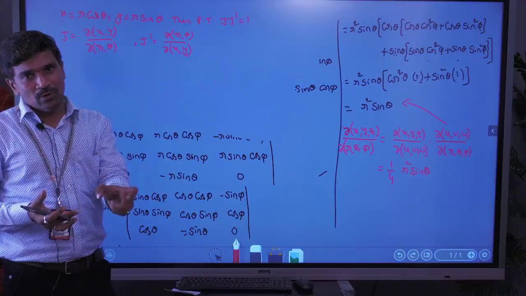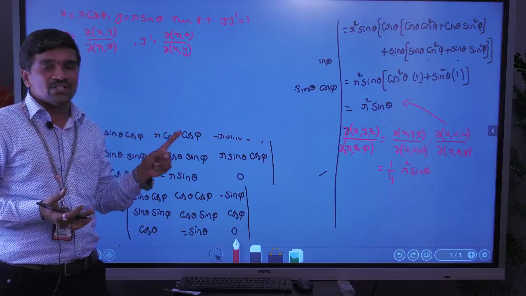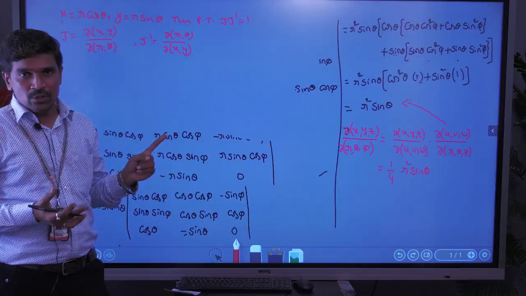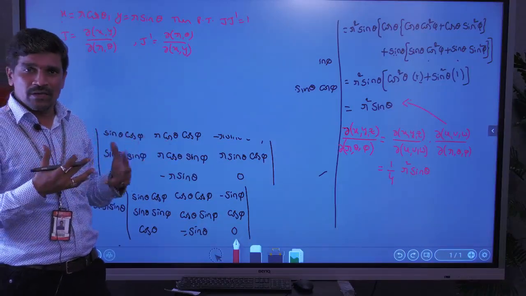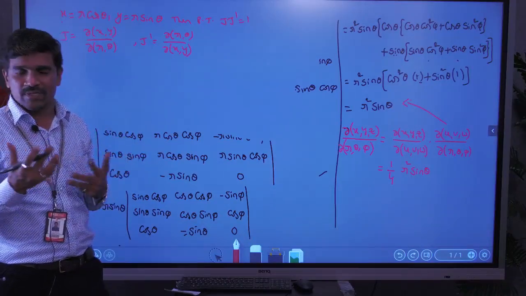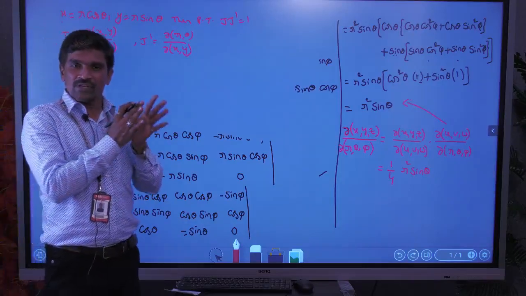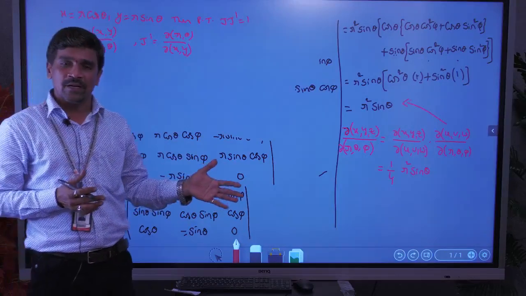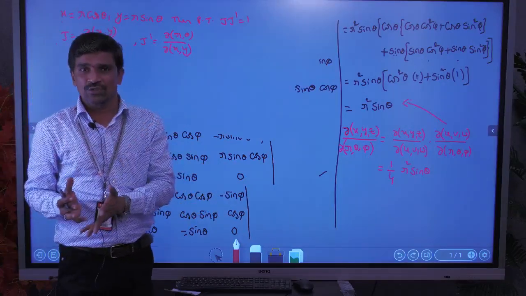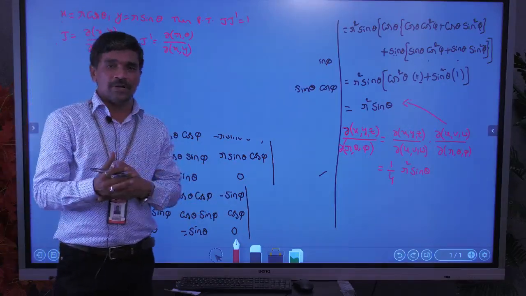Also we can find a relation between the given functions u, v, w or x, y, z. So if the Jacobian is equal to 0, then functionally dependent; if the Jacobian is not equal to 0, then functionally independent.